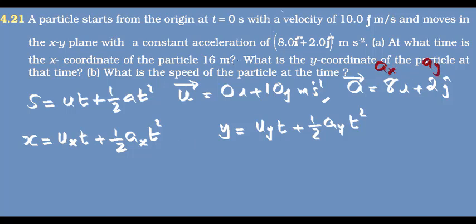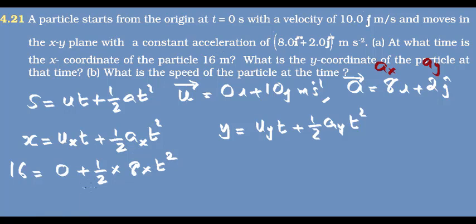Now let us apply. It is given that x is 16. So I can substitute 16 equal to ux is 0, so that is 0 into t plus half into ax, which is 8, into t square.